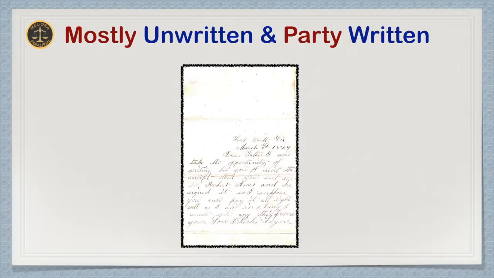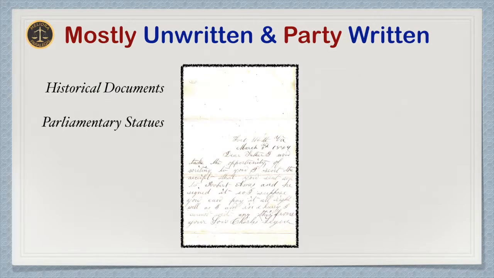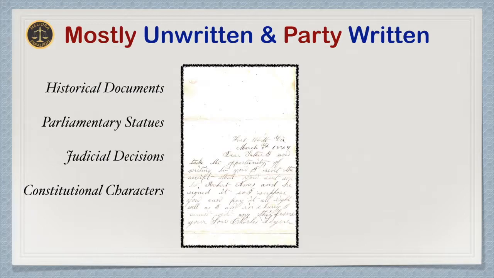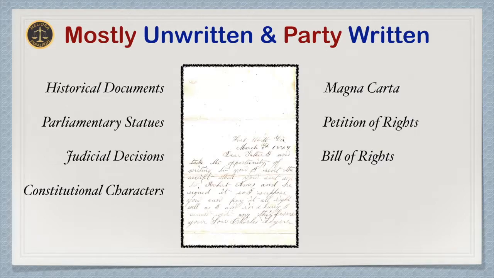However, there are some written parts, namely historical documents, parliamentary statutes, judiciary decisions, and constitutional charters. That is, Magna Carta, Petition of Rights, Bill of Rights, and Parliamentary Acts, which were introduced in different years.